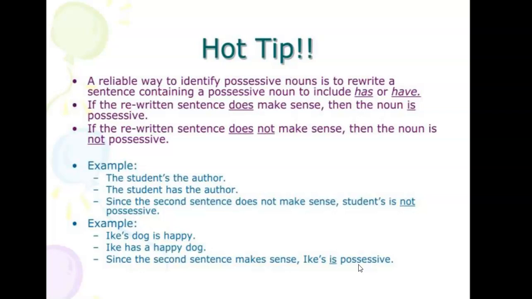For example, the student is the author. The student has the answer. Since the second sentence doesn't make sense, student is not possessive. For example, IKEA's dog is happy. IKEA has a dog, a happy dog. Since the second sentence makes sense, IKEA is possessive.